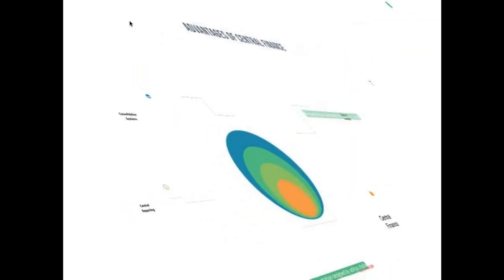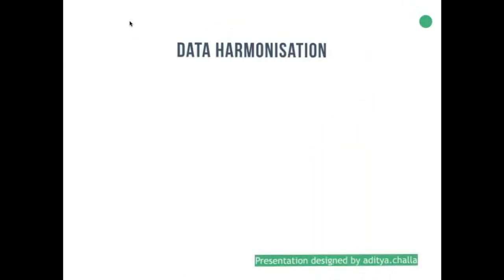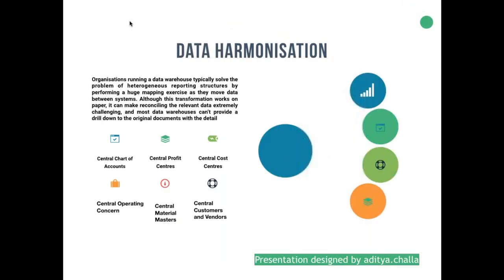Now, when we are talking about data harmonization, an organization running a data warehouse, we know very well Business Warehouse, typically solves the problem of heterogeneous reporting structure by performing a huge mapping exercise as they move the data between different systems. Although this transformation works on paper, it makes the reconciliation of the relevant data extremely challenging, especially in existing R/3.